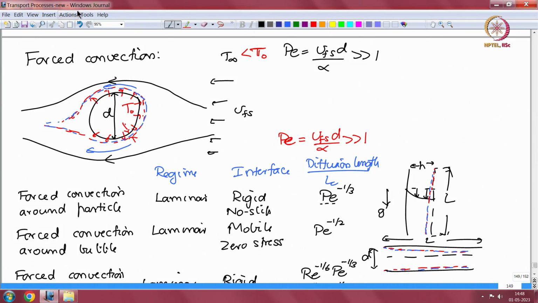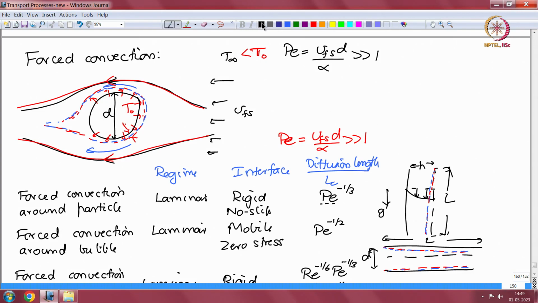And the reason for that is as follows. You have flow around a particle, and the temperature of the particle, for example, T naught, is higher than the ambient temperature. Because of that, energy diffusing from the surface of the particle will get convected downstream due to the flow.